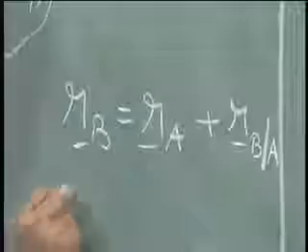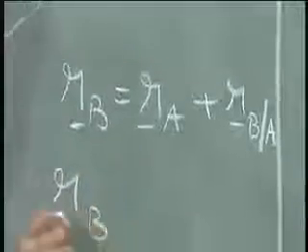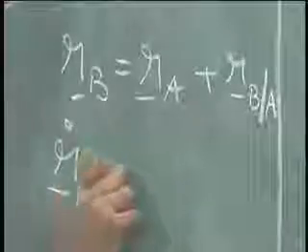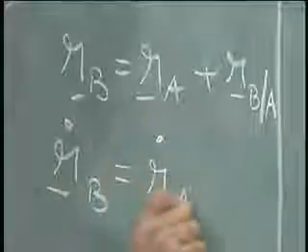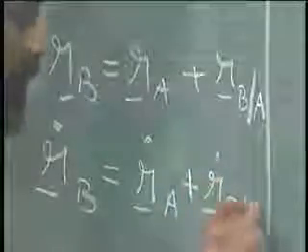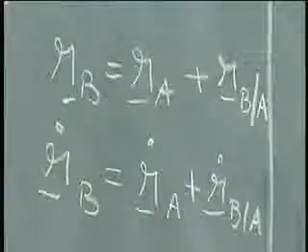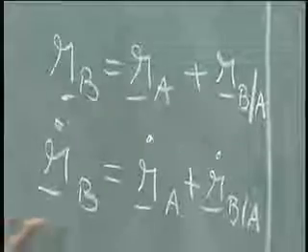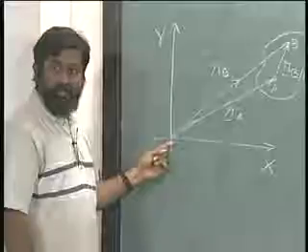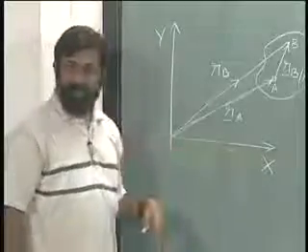And that is r dot b equals r dot a plus r dot b with respect to a. R b is defined with respect to the origin of the frame.